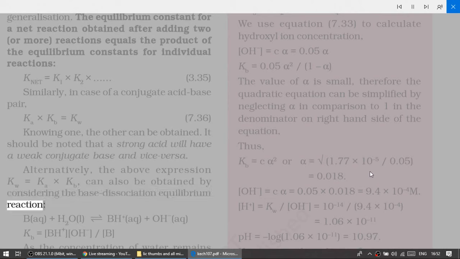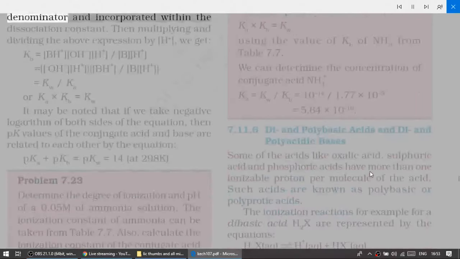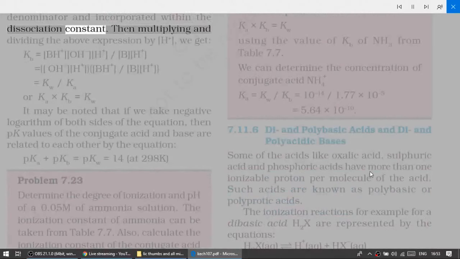Alternatively, the above expression Kw = Ka × Kb can also be obtained by considering the base dissociation equilibrium reaction, B(aq) + H2O(l) ⇌ BH+(aq) + OH-(aq), Kb = [BH+][OH-]/[B]. As the concentration of water remains constant, it has been omitted from the denominator and incorporated within the dissociation constant.